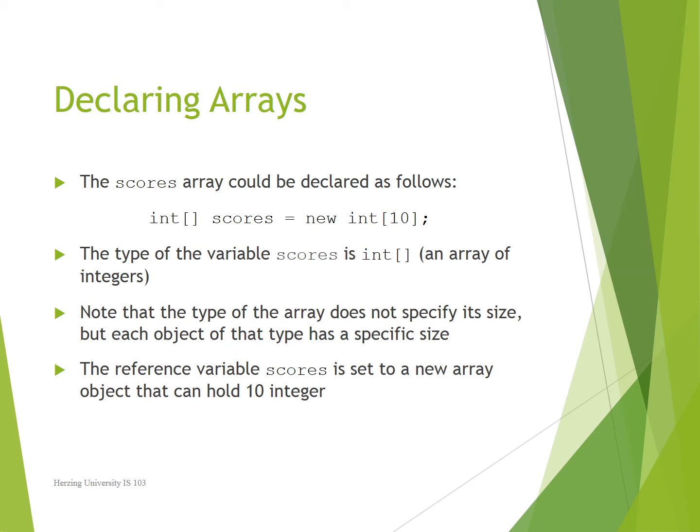Note that the type of the array does not specify its size, but each object of that type has a specific size. The reference variable scores is set to a new array object that can hold 10 integers.